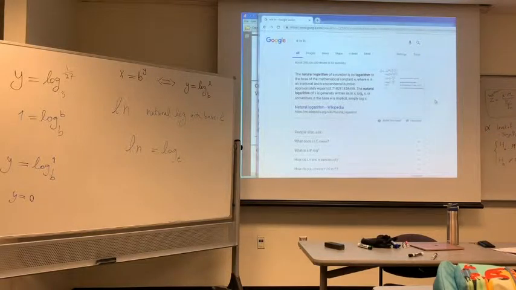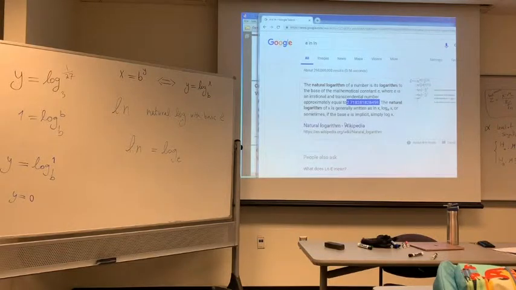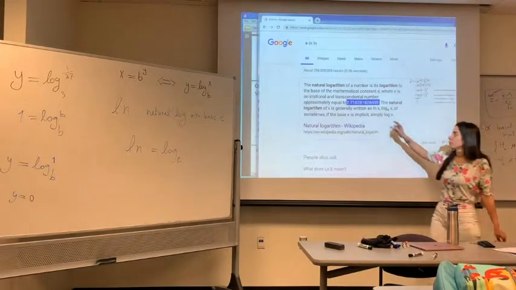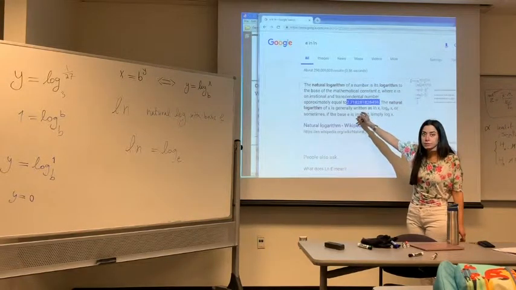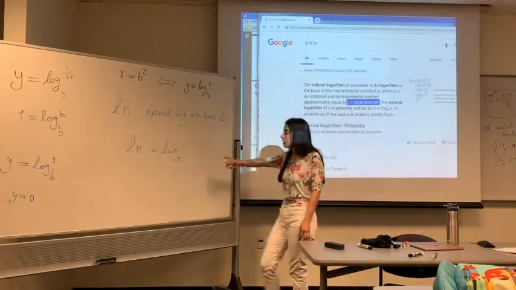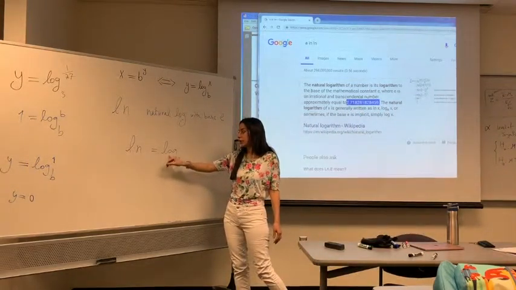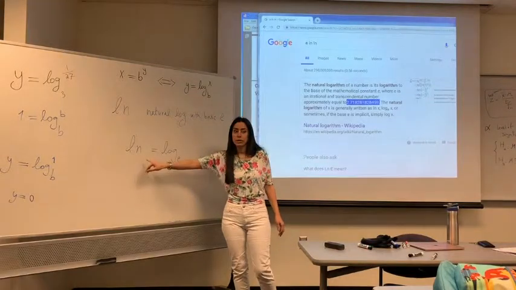So look at this one. So e is a constant and it's equal to this number here, 2.71828, and actually it's continuing. So the e you see is just a number, the constant. Instead of writing down all these numbers, they call that e, and then they said, okay, when a logarithm has a base e, we call that natural logarithm.